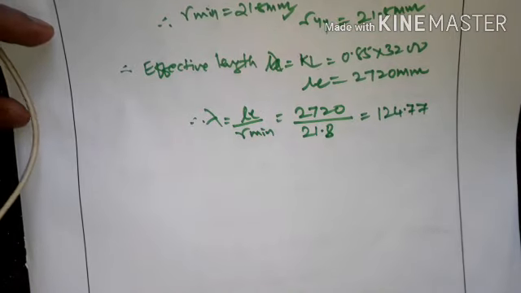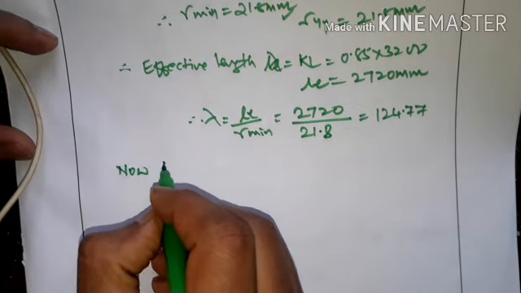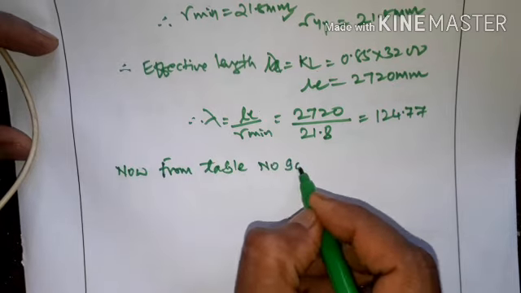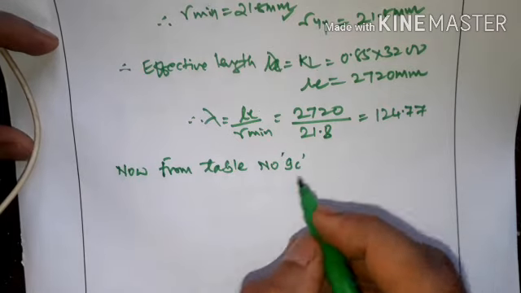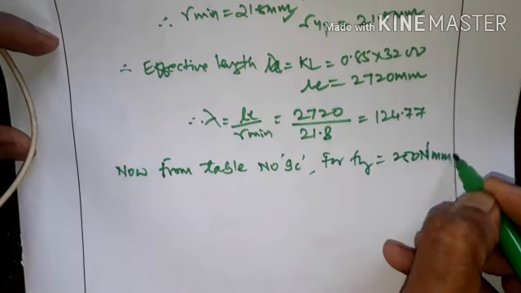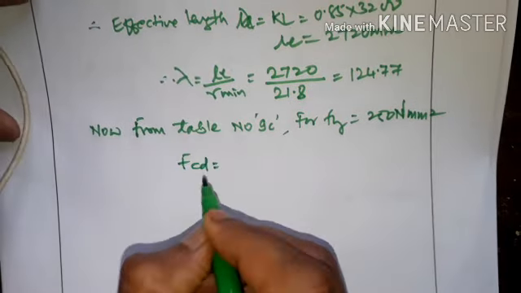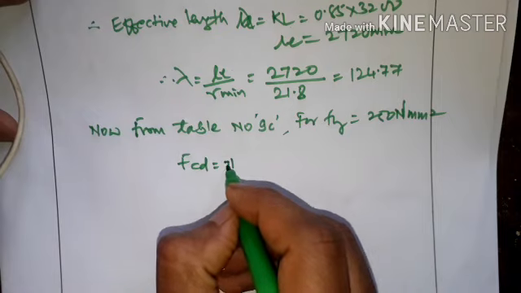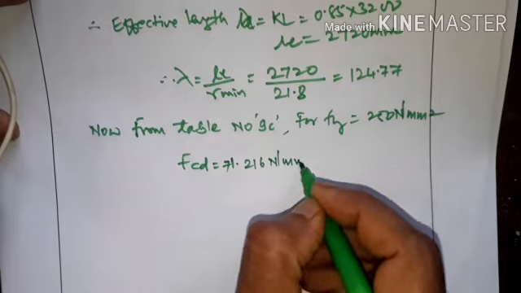Understood. So again you have to go back to table number 9C. From table 9C, for Fy equal to 250 Newton per mm square, you have to interpolate and find the value of fcd. So we will get it as 71.216 Newton per mm square.